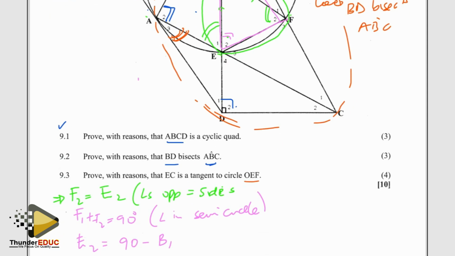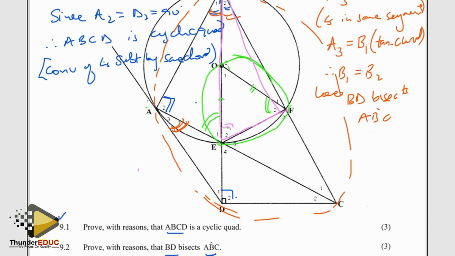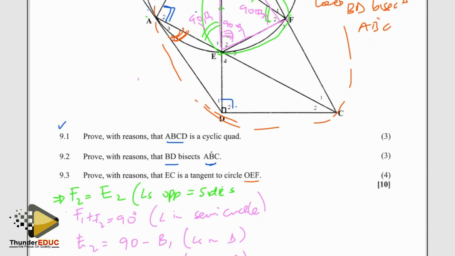Then I can also find E1. E1 is also going to be 90 minus B1. This will be angles in a triangle, or angle sum of a triangle. Now, since initially we say that this angle here, 90 minus B1, is the same as this one, 90 minus B1, and now we found this to also be 90 minus B1, there is a tan chord kind of correlation.